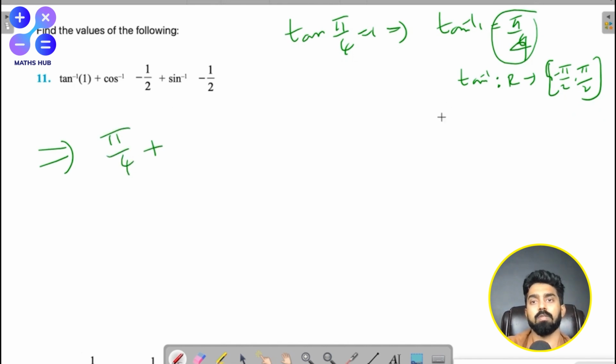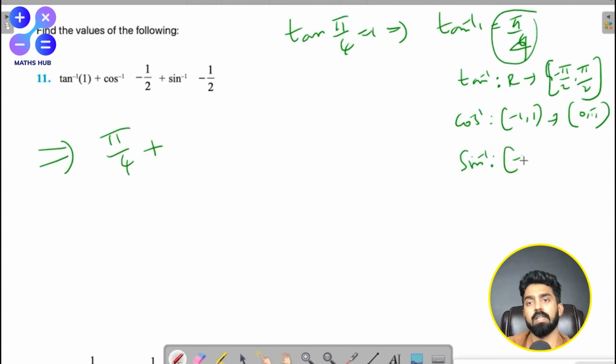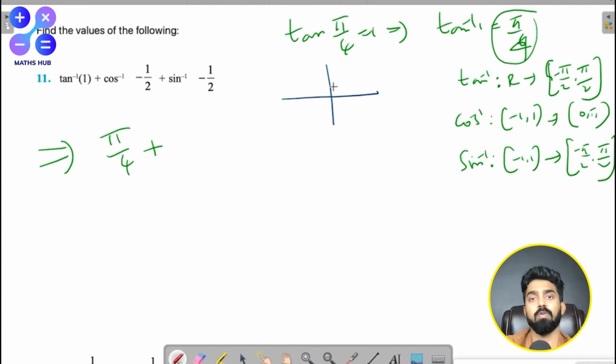Now what about cos? Cos inverse goes from minus 1 to 1 to 0 to pi. And let's write sine also anyway. Sine inverse goes from minus 1 to 1 to minus pi by 2 to pi by 2, right? So now we need to find cos inverse of minus half. So cos is positive here, negative here. So we need to find somewhere in this range.